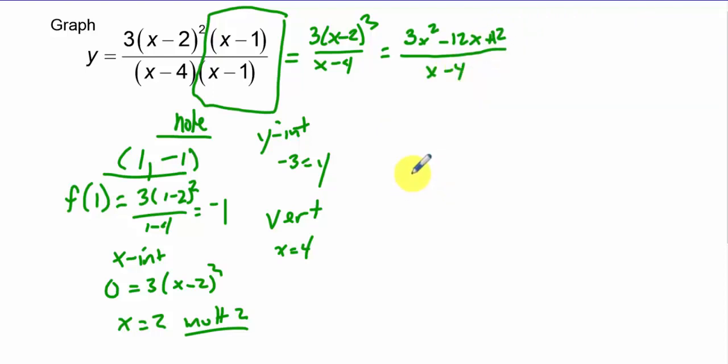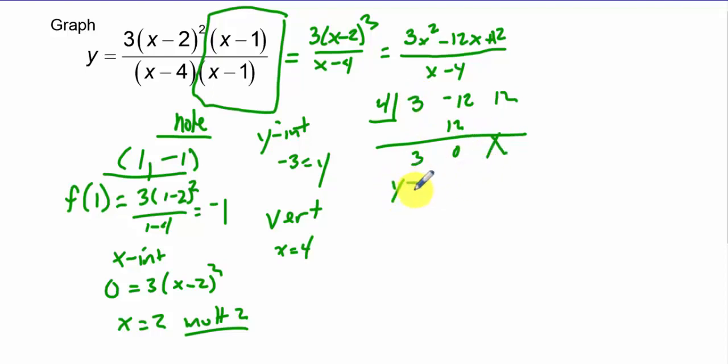So again, I'm going to have another slant, no horizontal. So since I know my C term is 4, I'll put my 3 here, my negative 12 here, my 12 here. Bring the 3 down. Multiply, get 12, get 0 again. Again, this term doesn't matter, so y equals 3x is going to be my slant.